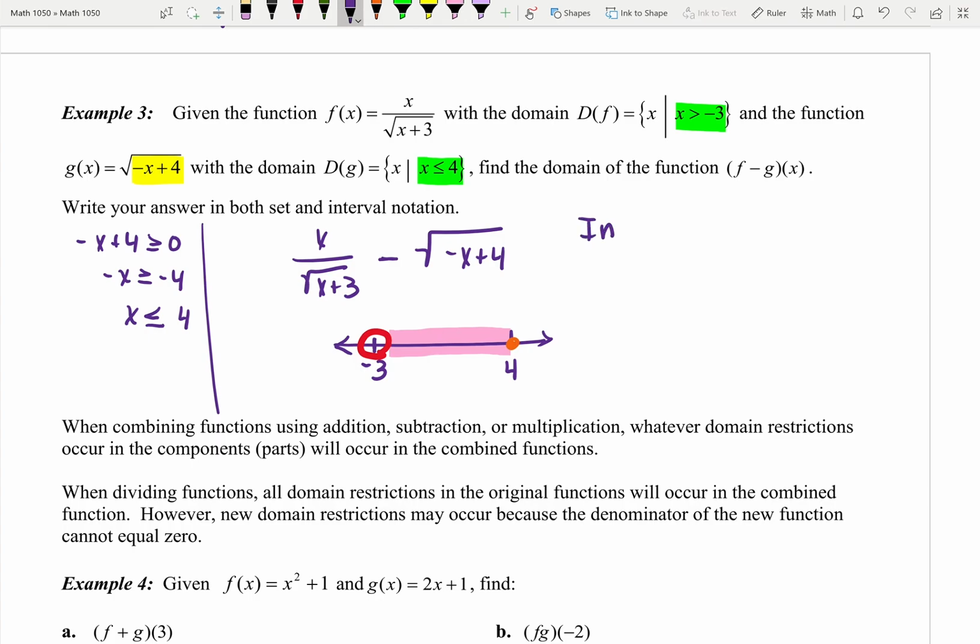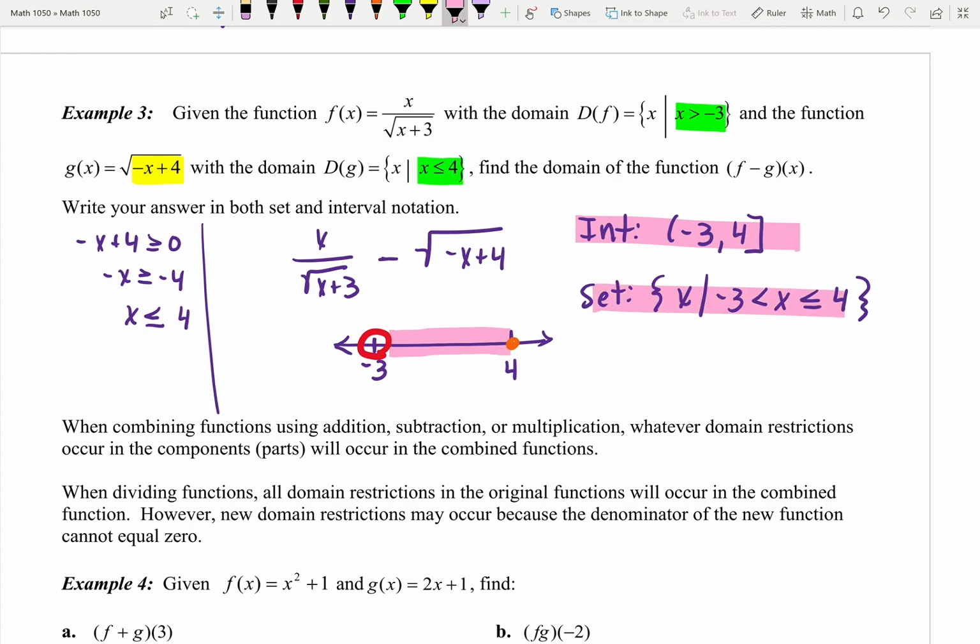So in interval form, it would be a -3 with a parenthesis to 4 with a bracket. And in set notation, it would be x such that -3 is less than x, is less than or equal to 4, close it off, and that's it. Okay? Now, there's a pretty good chance that this is going to be on your midterm and or your final.